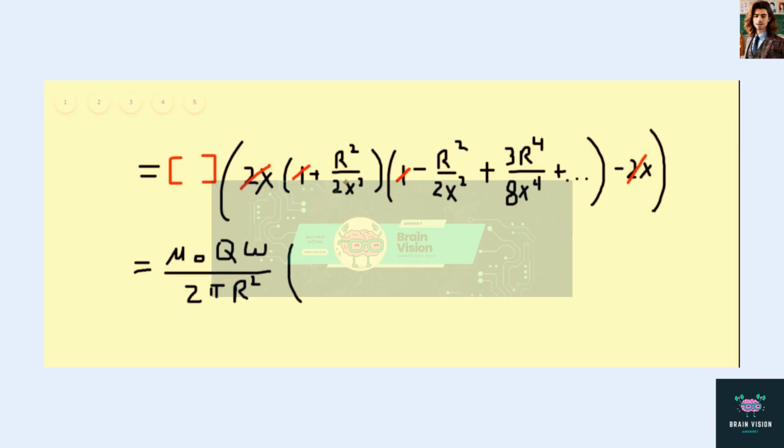If you multiply through by that 2x, that's going to cancel with that term. And all you're left with is this 3r to the 4th over 8x to the 3rd. Again, it's x to the 3rd because you had that 2x out front. Or excuse me, 4x to the 3rd, because you had that 2x out front that got multiplied in. So one of those x's canceled and that became a 4.